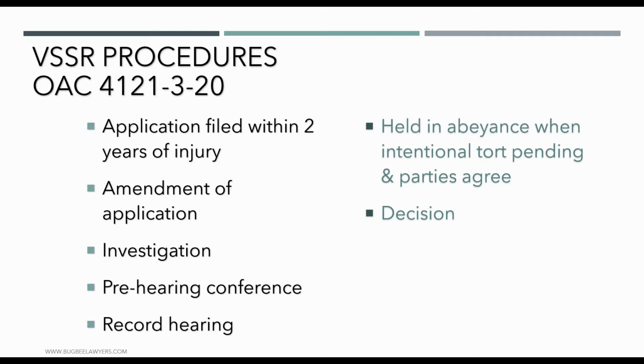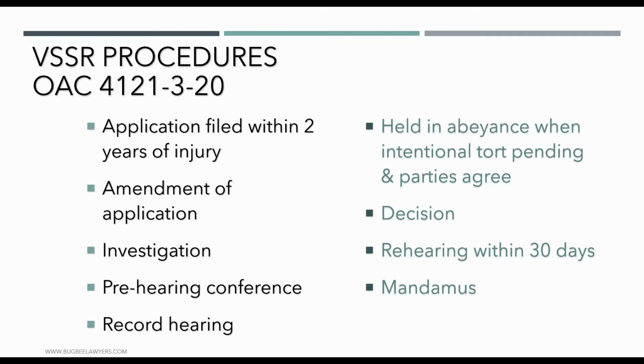Once it does go to hearing, you get a decision from a staff hearing officer, and each party has 30 days, I believe, to request a rehearing. They're difficult to get, the rehearings, because they must be based on an obvious mistake of fact or a clear mistake of law.